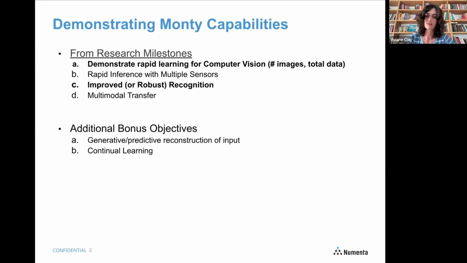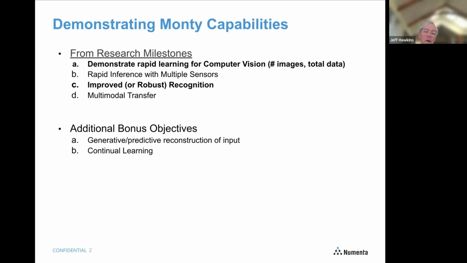Yeah, I mean, it could be a flashy demo because people are really into generative AI right now. But I think what we have to be careful of is not falling into the trap of trying to do what deep learning models do, and trying to match them, because probably we won't match them.